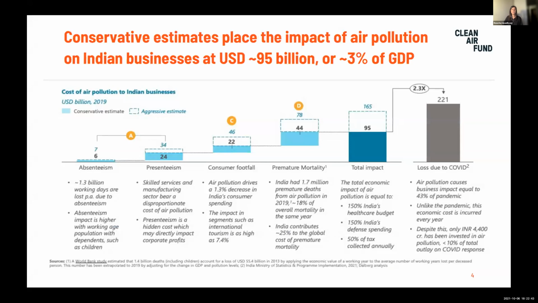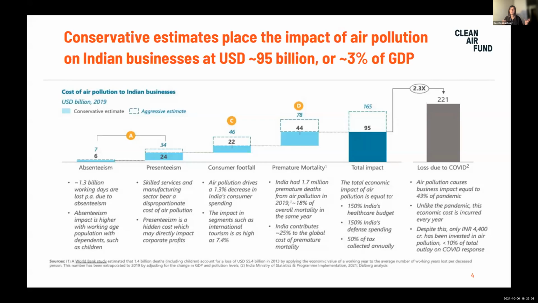So just some key findings of the study: the big message is that India is losing about $95 billion a year because of air pollution. And the cost is being borne by businesses themselves, which is around 3% of the country's GDP in 2019.